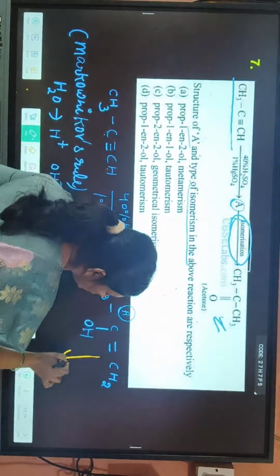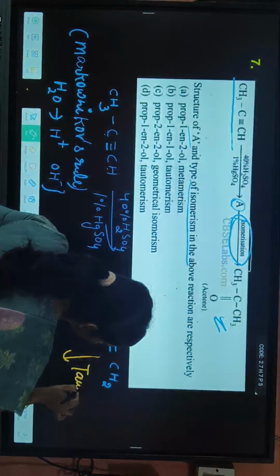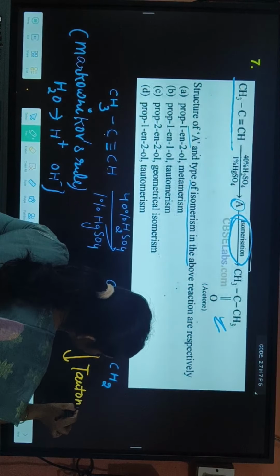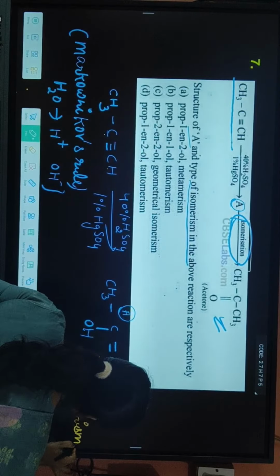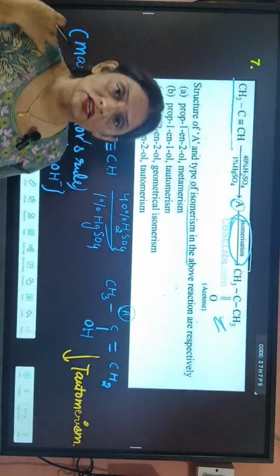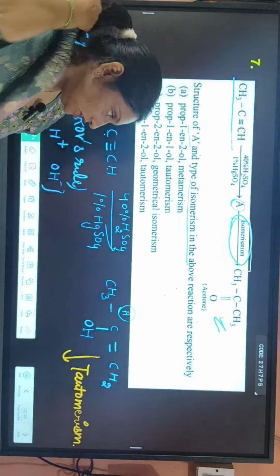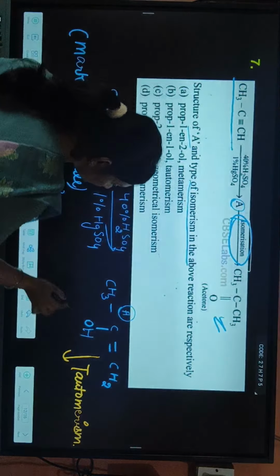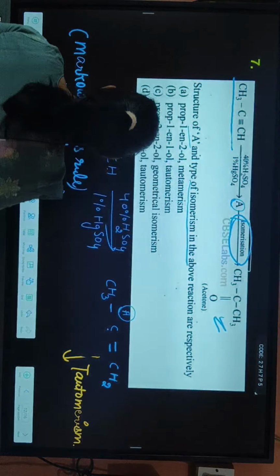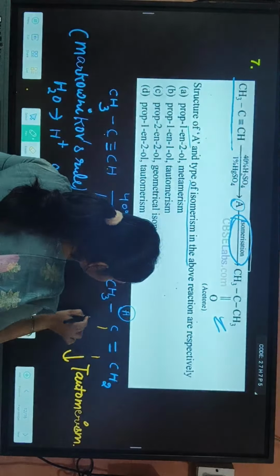Tautomerization takes place. Tautomerization means 1,3 shifting, hydride shift or methyl shift. A 1,3 hydride shift or 1,3 methyl shift is known as tautomerization. Actually, what will happen, students? This is our OH group now.